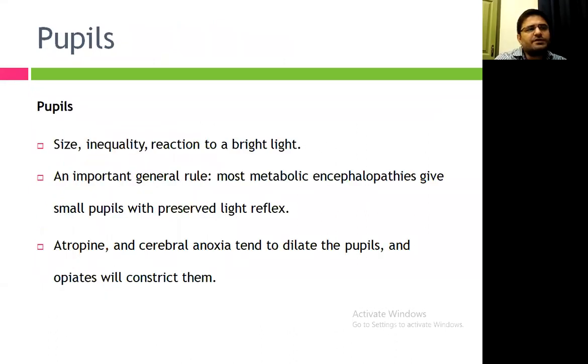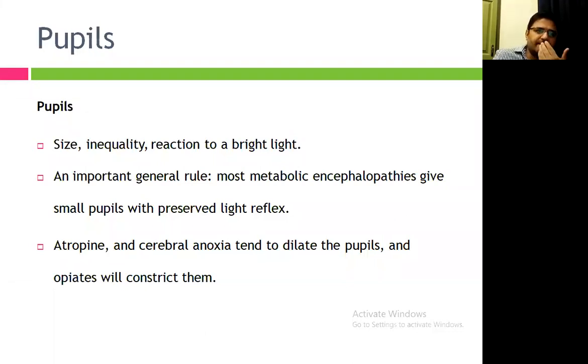For pupils, what we usually see is size, inequality, and reaction to bright light. An important general rule is that most metabolic encephalopathies, like those due to drugs or diabetes or other metabolic causes, usually give you small pupils, but the light reflexes are intact.